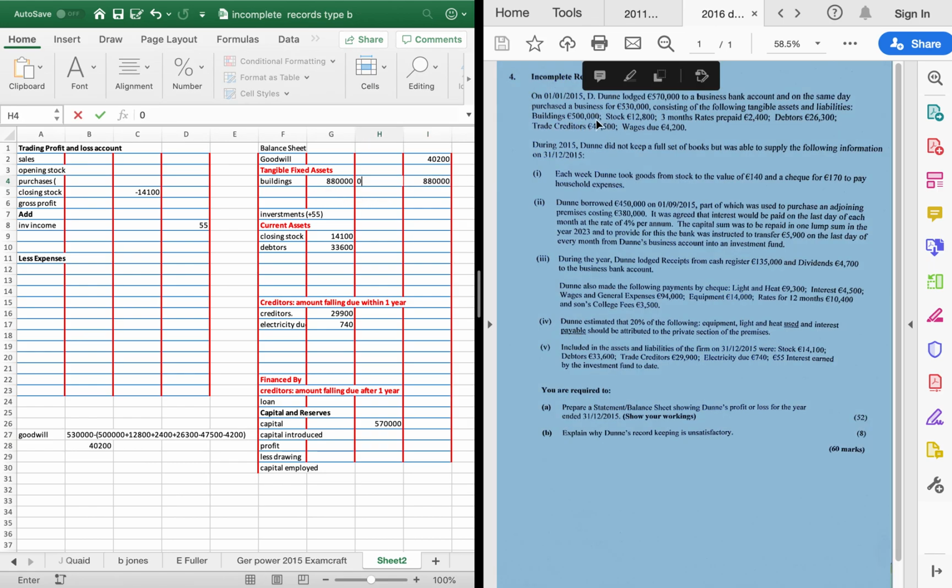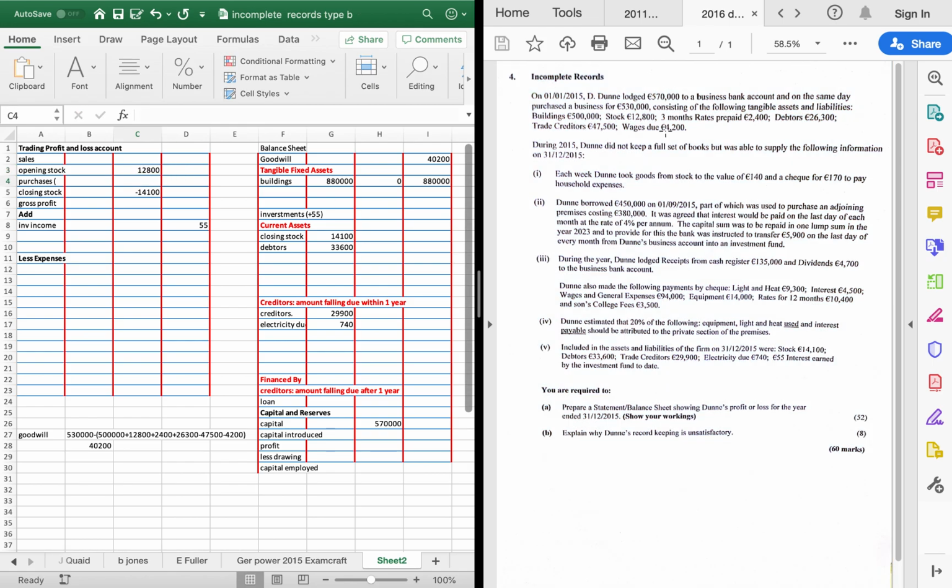And we move on. So stock 12.8, that can go straight in your opening stock. 3 months rates prepaid. Well, that's our rates working. So we'll go down and find our rates. They were 10,400.